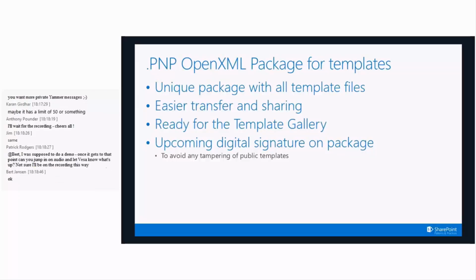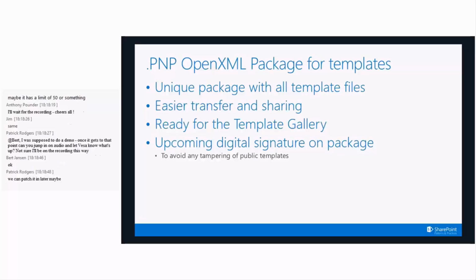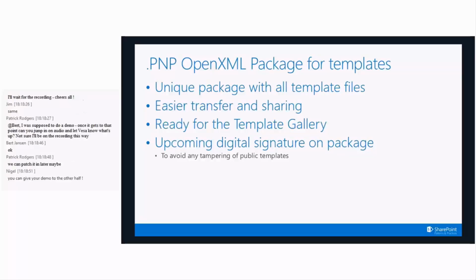Therefore, you can much more easily send the PnP file to somebody else for using in their deployments, or copy that template across your own individual environments as well. This is implemented to get ready for the upcoming template gallery. We're looking into releasing this open source templating gallery where people are able to publish their open source PnP provisioning templates available for others to consume as well.